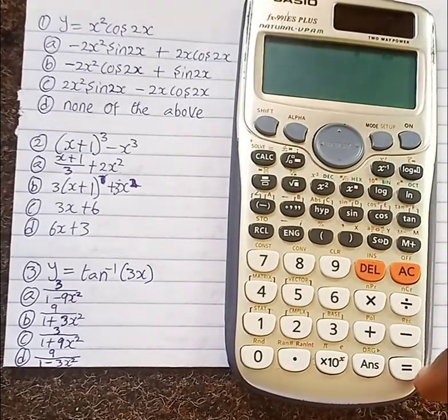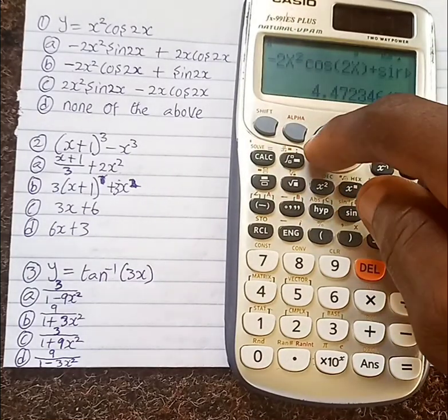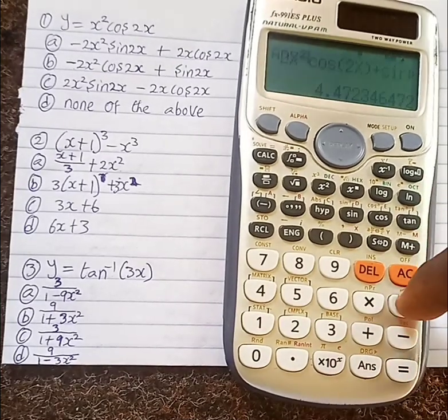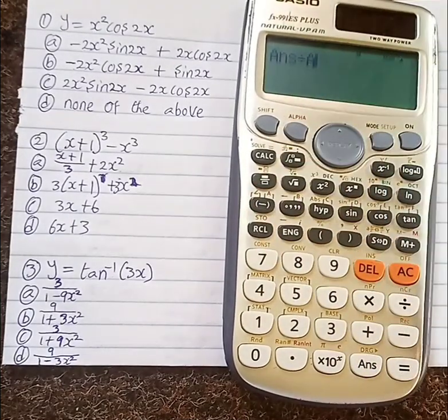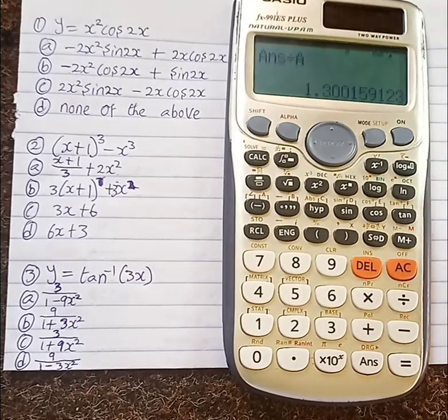Now let's divide it by alpha A. So now we can see it gives us 1.3. So that is not 1.